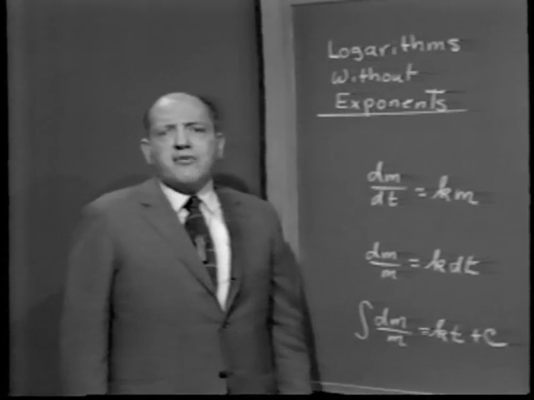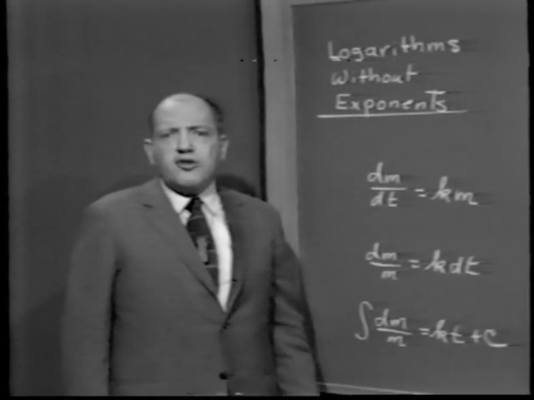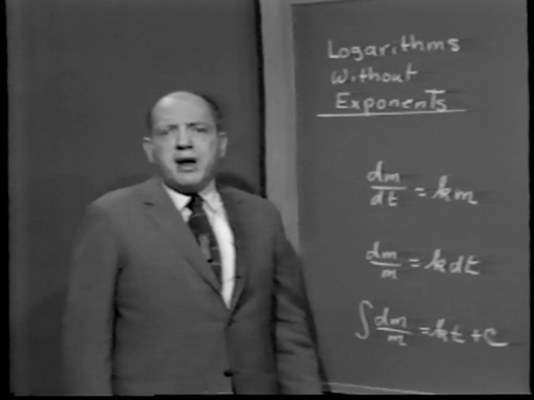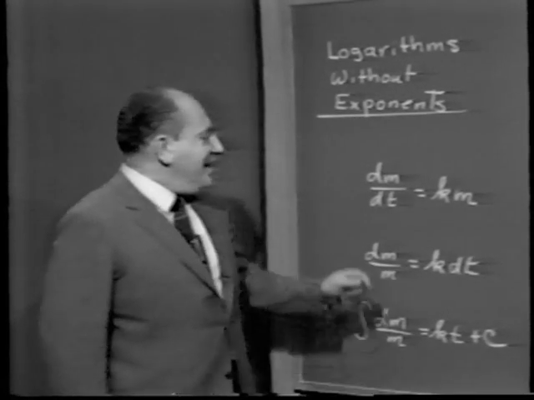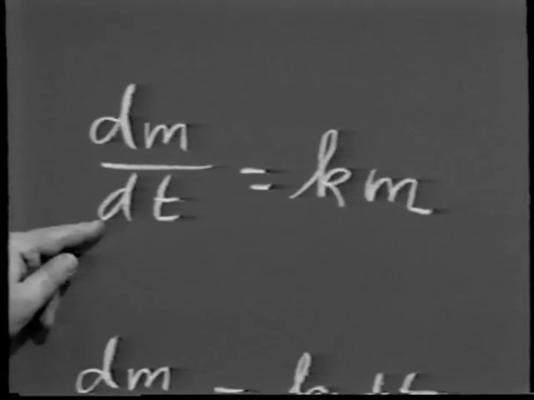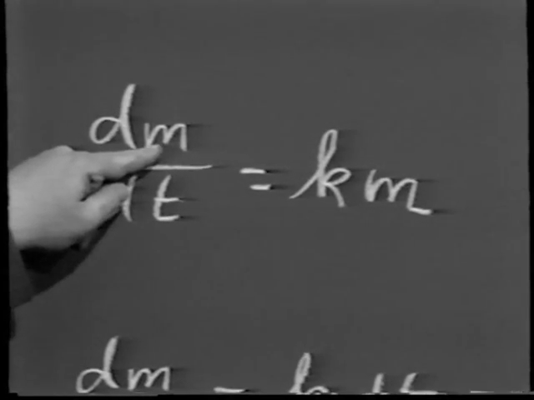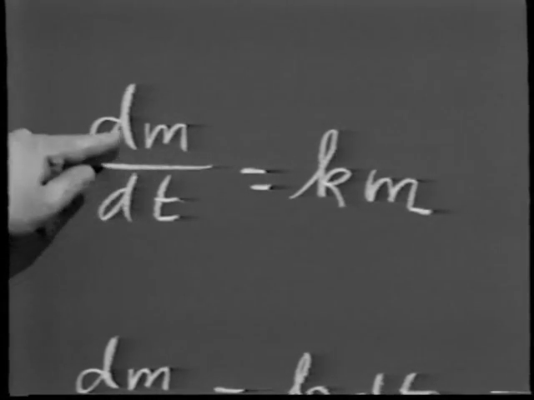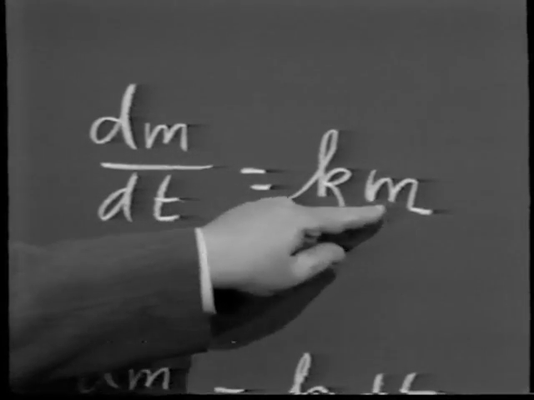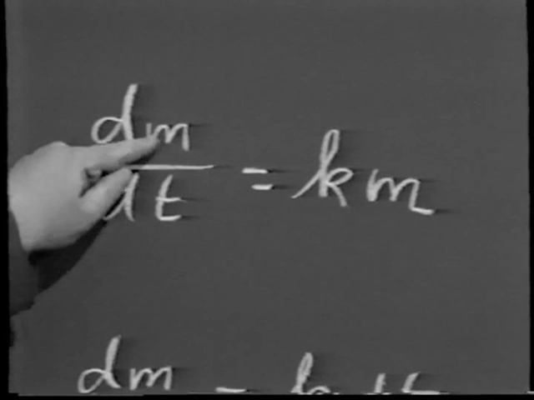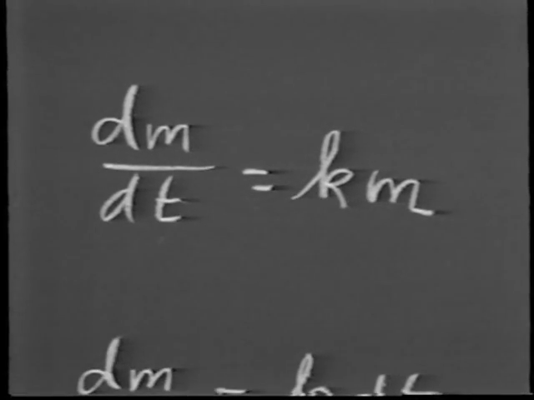Let's look at a rather straightforward physical principle, a principle that I'm sure permeates many real-life situations. It's what I call the rule of compound interest. Suppose we have a physical situation in which the quantity we're measuring, which we'll call m, has a rate of change proportional to the amount present: dm/dt equals km.